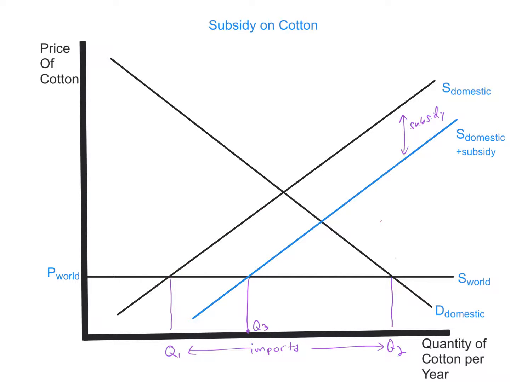You can see that here, because there's a subsidy distance in here. There's money paid from the government to the supplier. That's also the same as this distance here. So we can in effect say they are getting paid this part from the consumer, and this part from the government. So the amount that they're getting is actually P DOM plus subsidy.